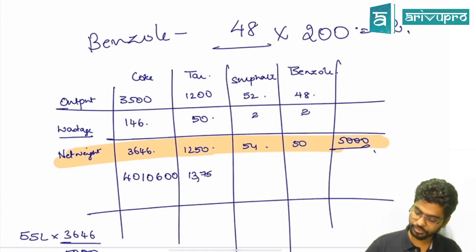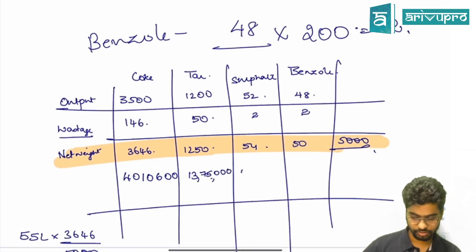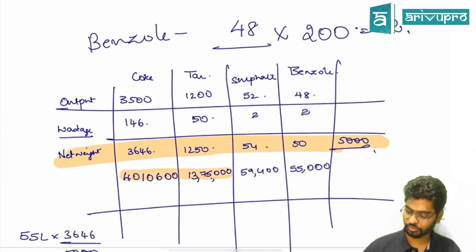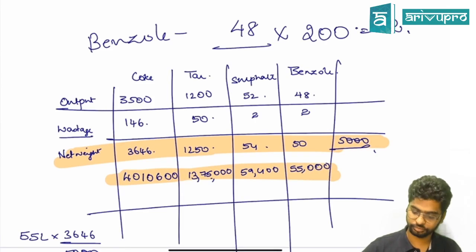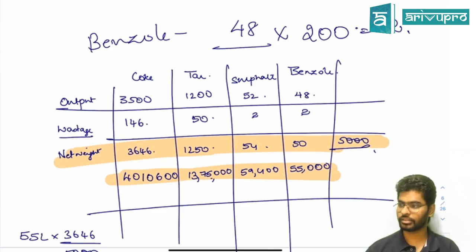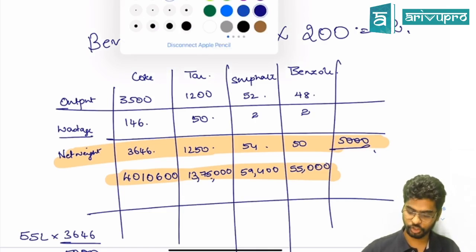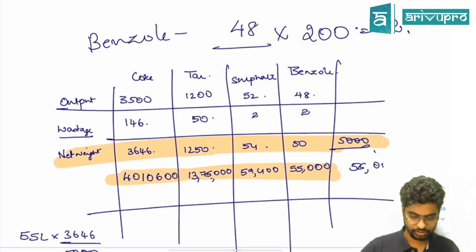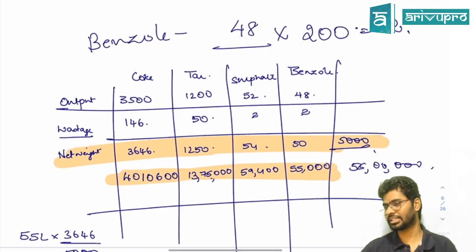The first comes to 40,10,600. Next one, 13 lakh 75,000, then 59,400. Are you guys clear? And the total should match with 55 lakh. So if you see, what is the physical units method?